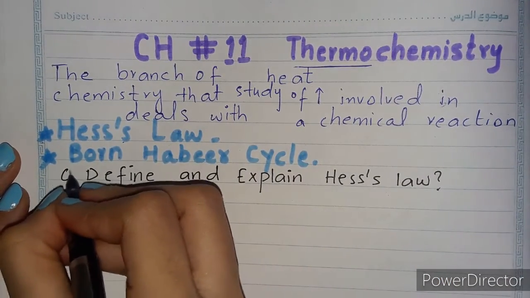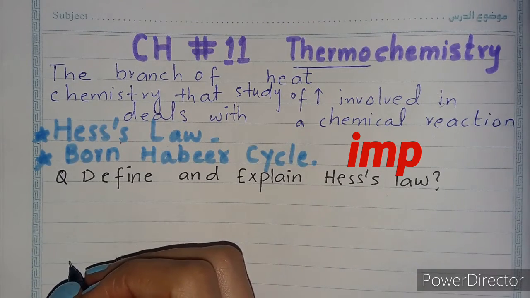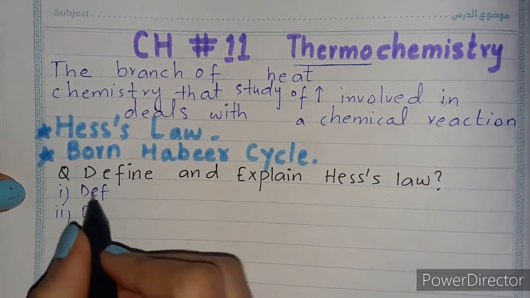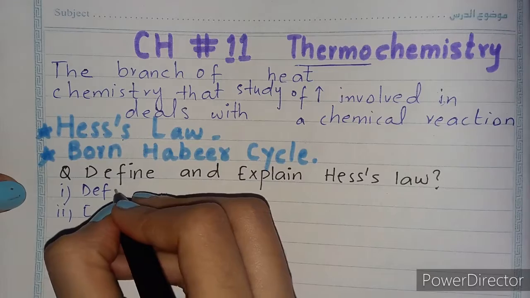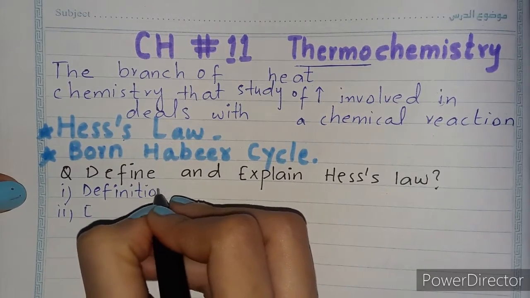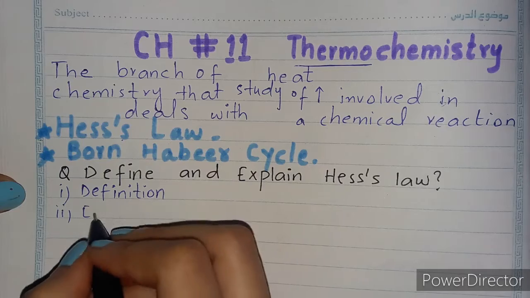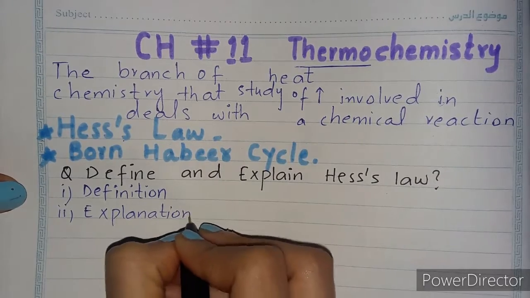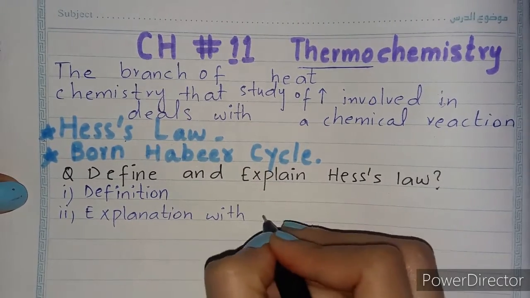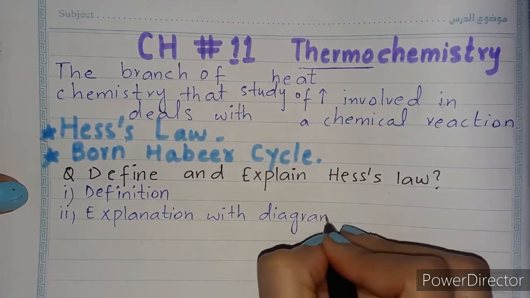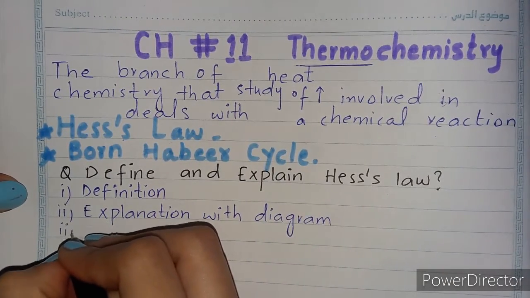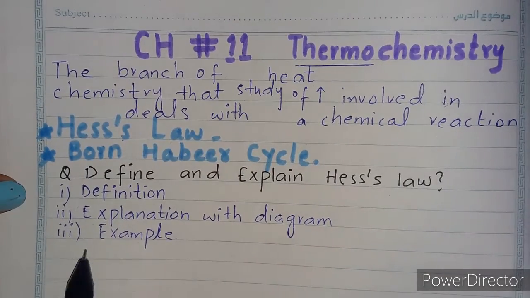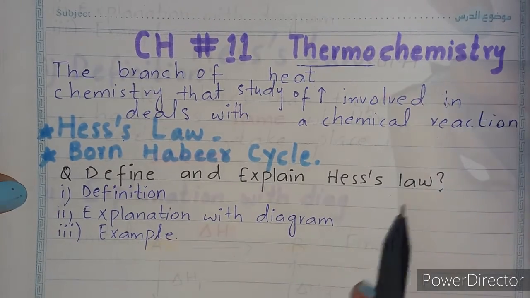It came as a short question for 3 to 4 marks, and firstly we have to write the definition, then the explanation with diagram, then an example. These 3 points you have to explain for the Hess Law.